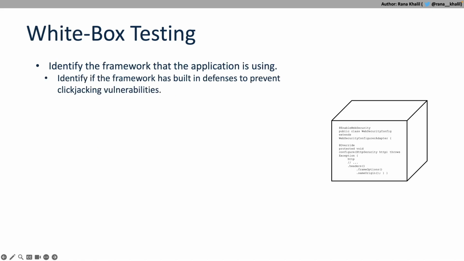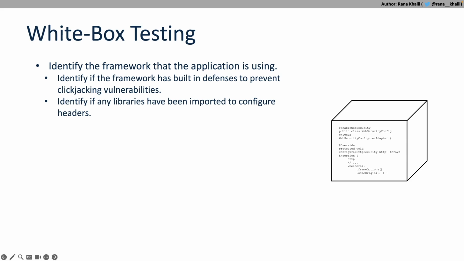All right, that was the black box testing perspective. Now let's talk about the white box testing perspective. The first step is to identify the technologies that the application is using. Most frameworks either have a built-in feature that allows you to configure security headers like X-Frame-Options and Content Security Policy headers. And if they don't have a built-in feature, usually you could just import a library that does that work for you.